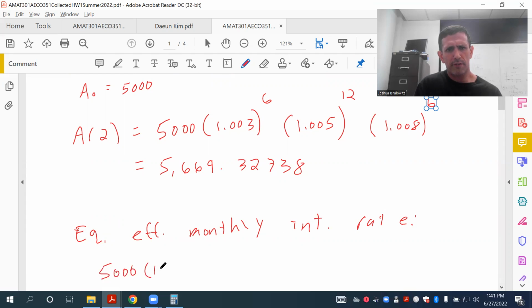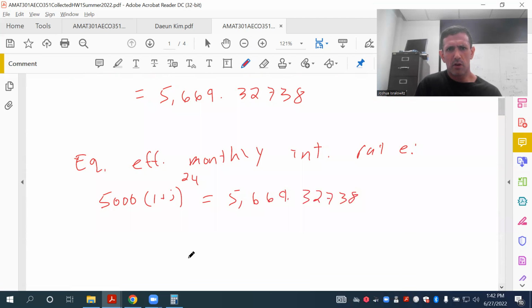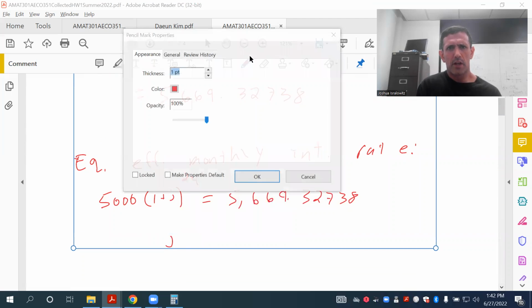Remember, we're trying to find an interest rate, I'll call it J, a monthly interest rate, where if I put $5,000 into an account earning this monthly interest rate and let it sit for 24 months, 2 years, I'll have exactly how much I have in the account, which is $5,669 and roughly 33 cents. So solve for J.